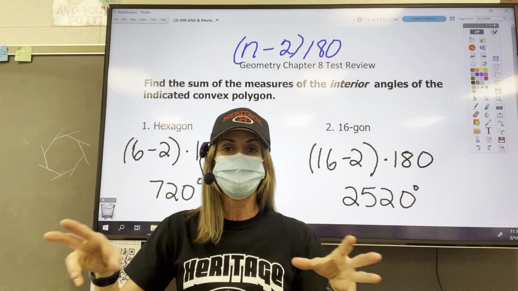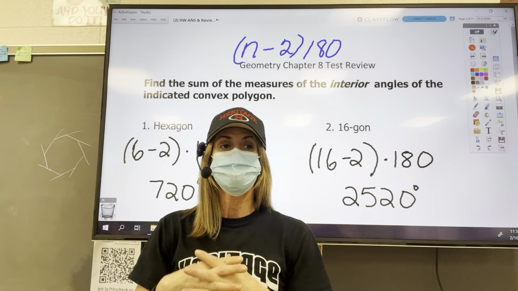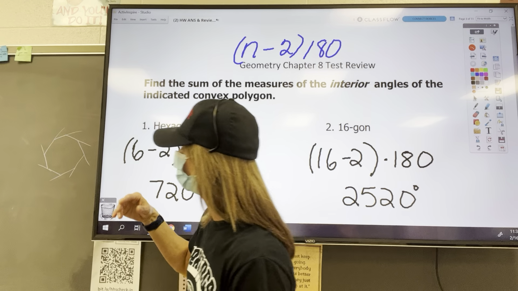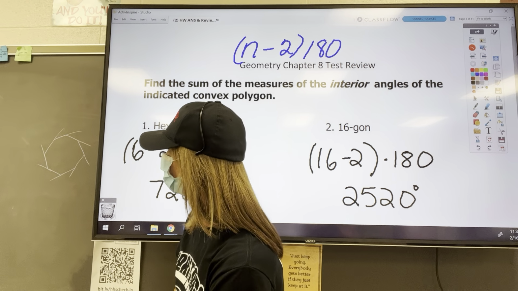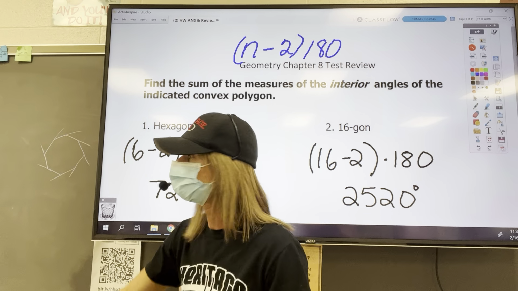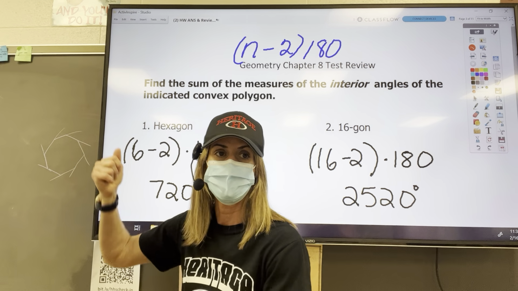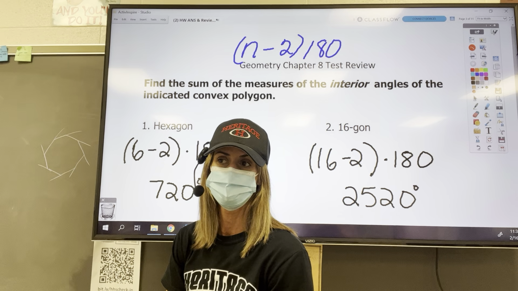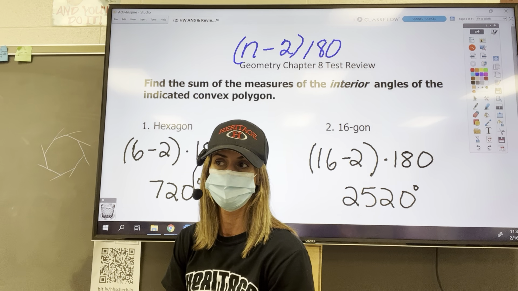It's always 360. So you need to figure out the measure of just one of those angles, and they're all the same because it's a regular octagon. Then you just take the sum, which is 360, and divide by 8. Are we good? You're going to have to do that too.